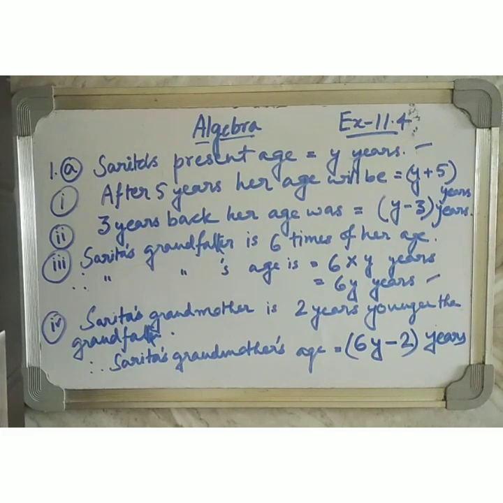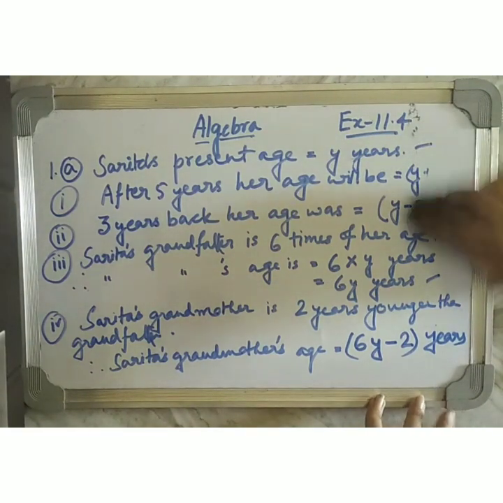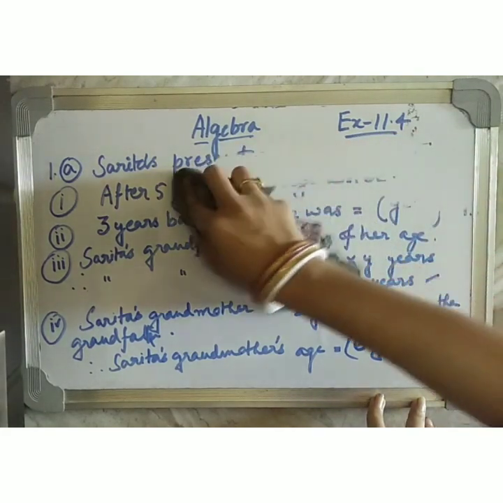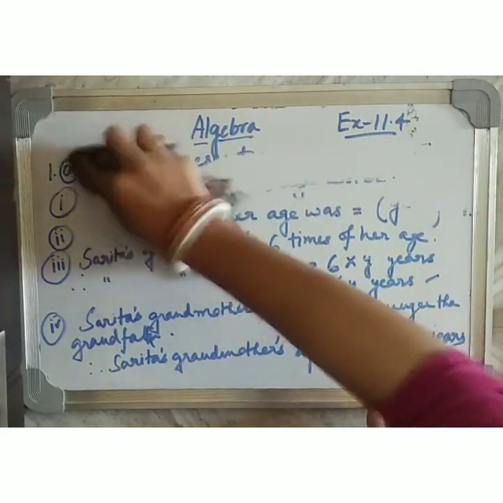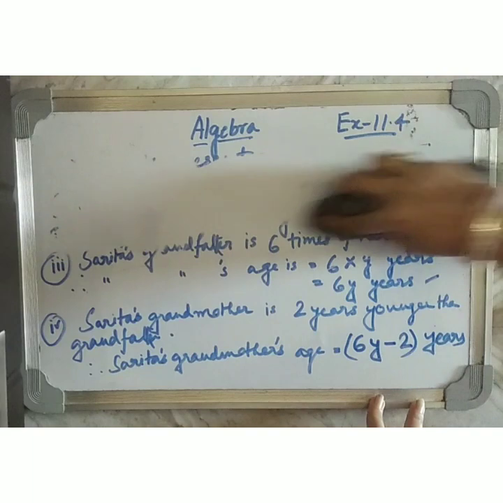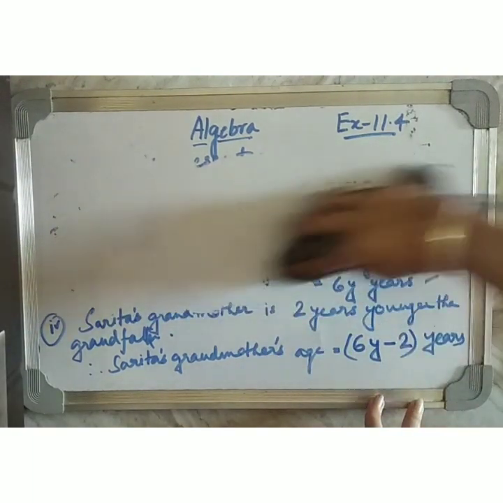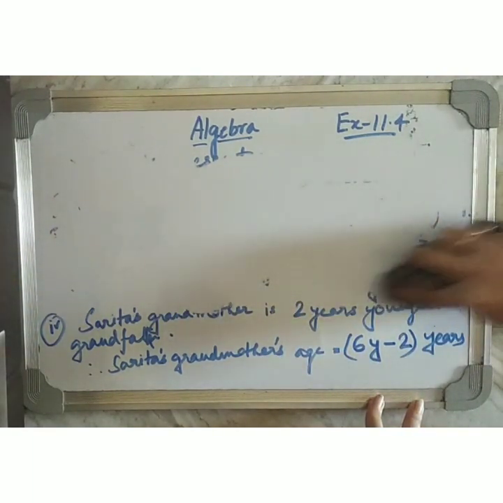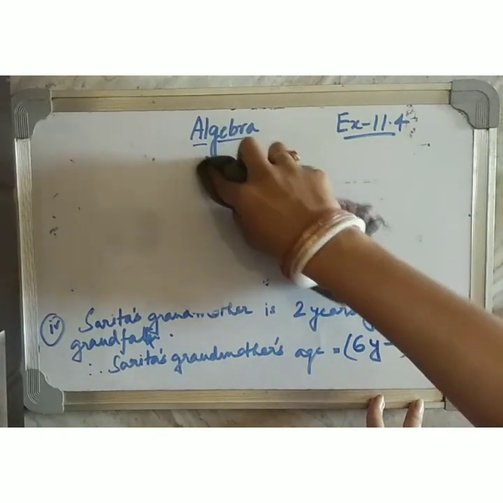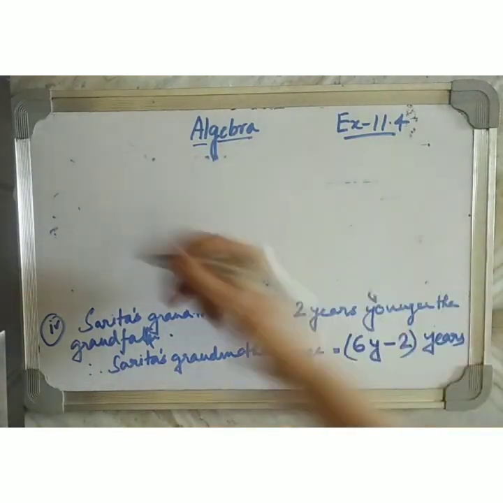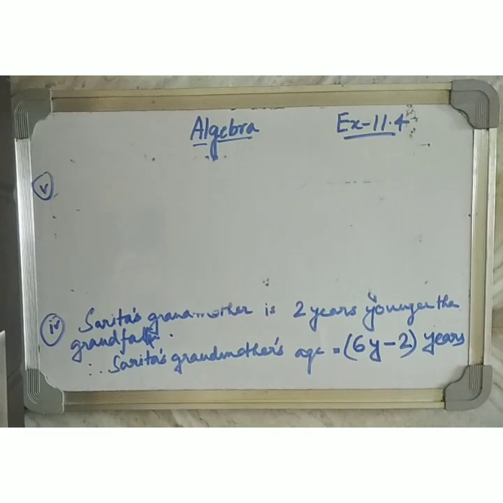Sarita's father's age is 5 years more than 3 times Sarita's age. So let's do it. I'm rubbing these two sums for getting some space. It is question number 5. Sarita's father's age is 5 years more than 3 times of Sarita's age.